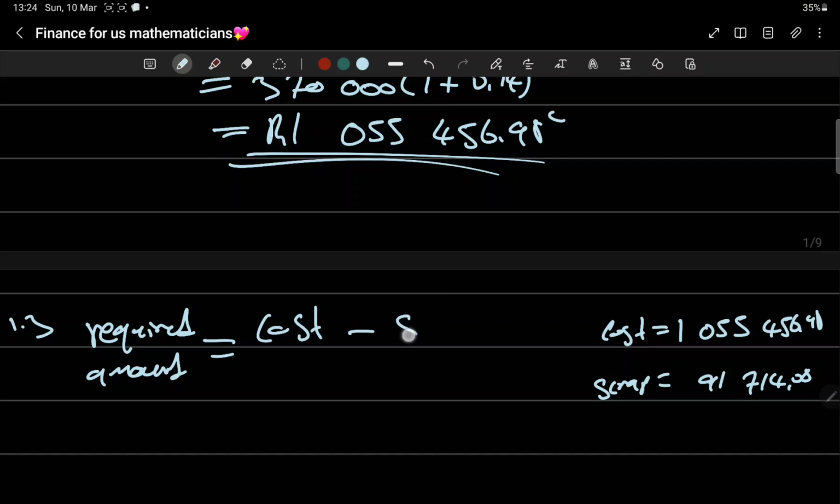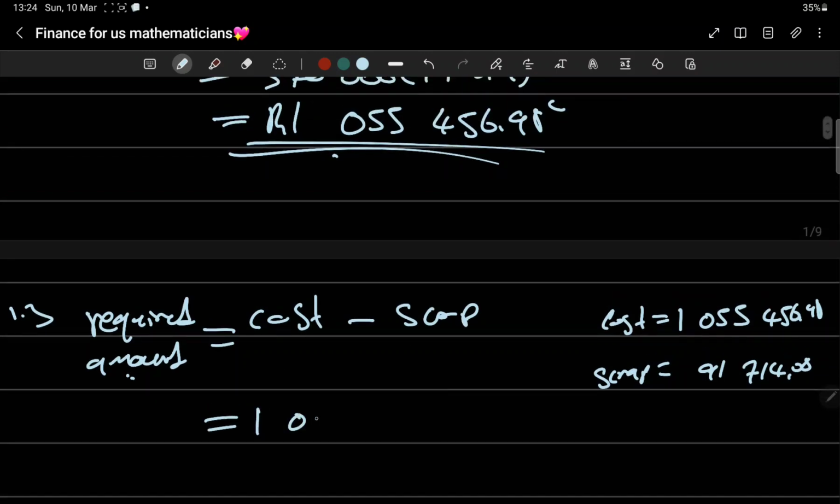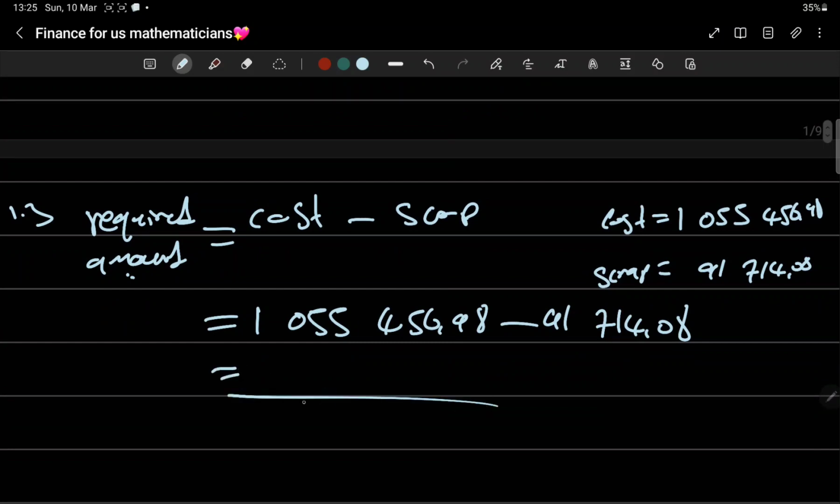Cost minus the scrap. Remember, they have the scrap money, so we need the remaining money. The cost of the machine it will be expected to have risen to, 1,055,456.98, minus the value of the scrap, 91,714.08, gives the amount they still require to budget.